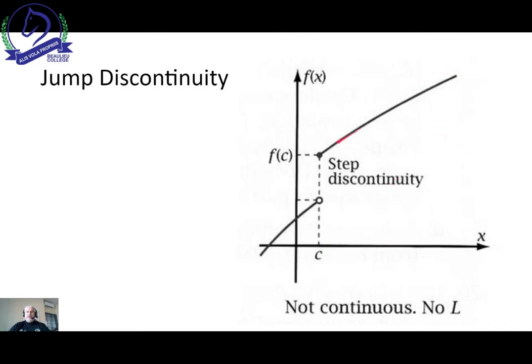Even though the function actually has a value at that point, because the limit from the left and the limit from the right are not equal, we can conclude that this is a case of a jump discontinuity. In some cases, they also call it a step discontinuity. In this case, the function cannot be redefined, and we say that the function is discontinuous at the point c. These are basically the two cases of discontinuity that we're going to be studying.